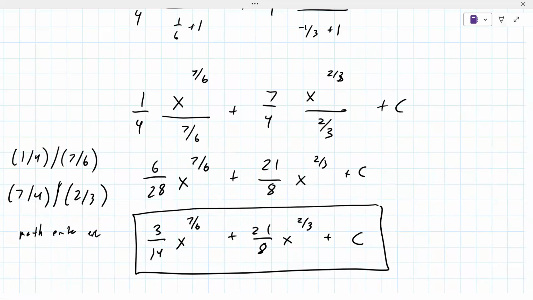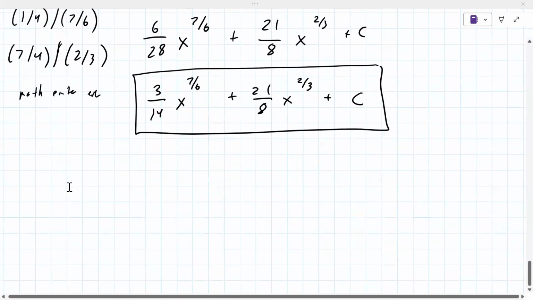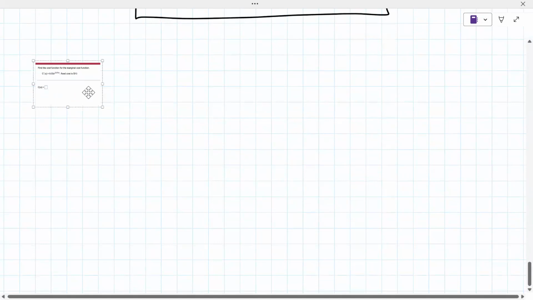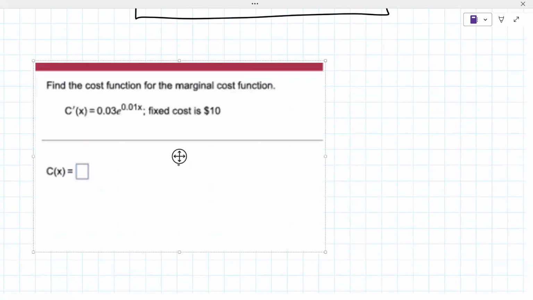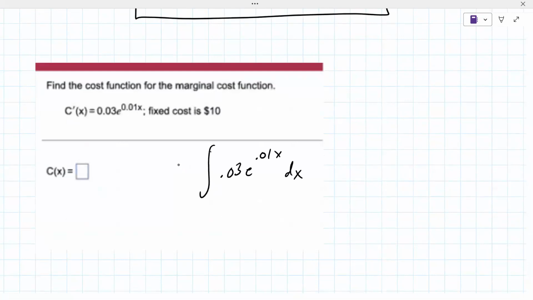Let's move on to the next grouping of problems, which require you to do the same thing, but they also ask you to solve for C, which is a little bit different. What we're doing in this problem is integrating 0.03 e to the 0.01 x dx.